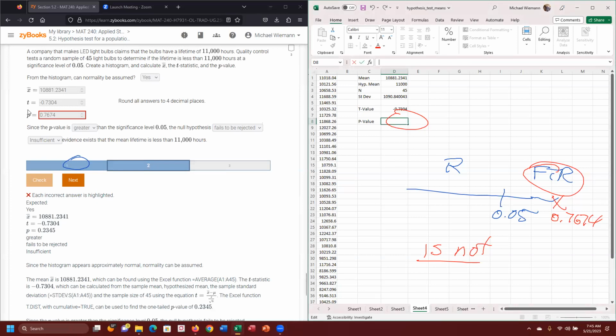The previous problem was dealt with off of normal distribution, so we have to change the calculation slightly here. So it's going to be equals T.DIST. And the first piece of the t-distribution is going to be off of the t-value we just calculated. Degrees of freedom is always 1 less than the sample size. So I'm going to reference that and subtract 1 from it and make that a true.